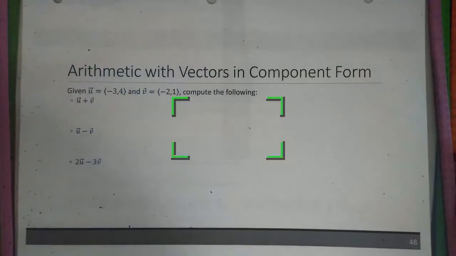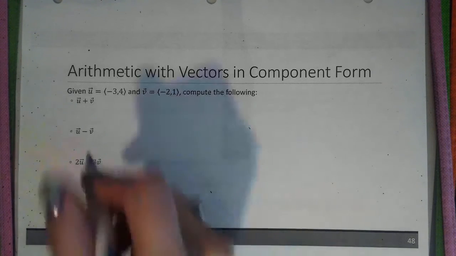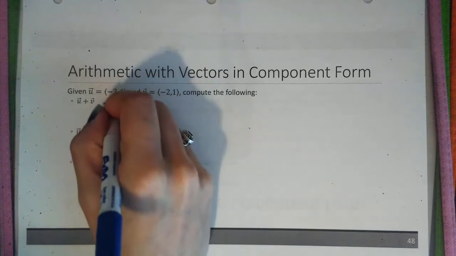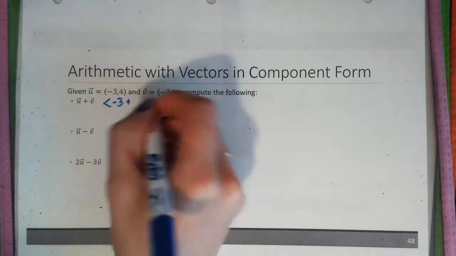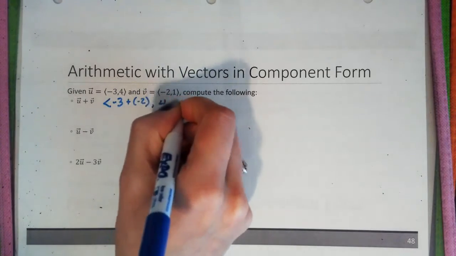So given u, which is equal to -3, 4, and v, which is equal to -2, 1, we want to find u plus v, u minus v, and 2u minus 3v. So first up, we have u plus v. I'll have -3 plus -2, comma 4 plus 1.